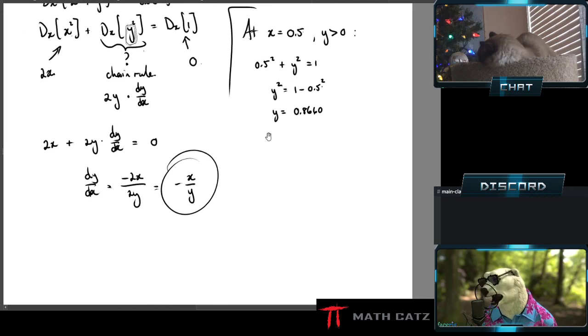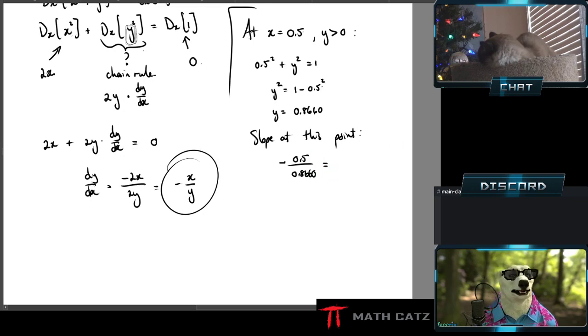Okay, great. Now the derivative takes both. And then I can calculate it. So the slope at this point is negative 0.5 for x, 0.8660 for y. Let us see what that is.